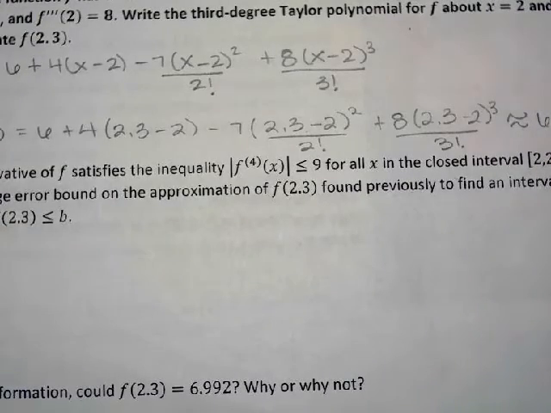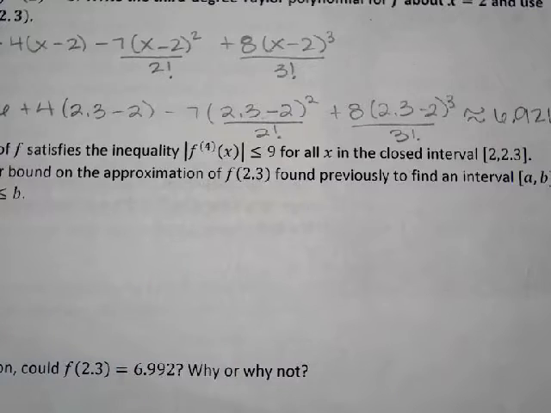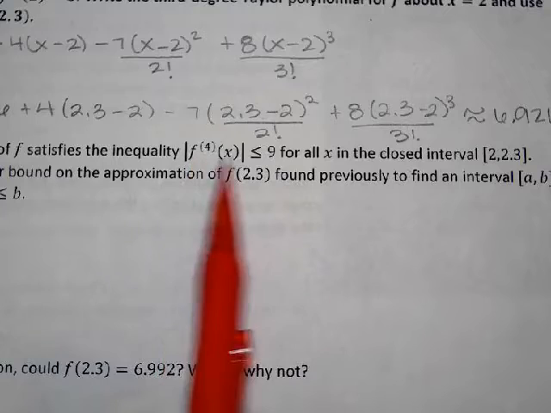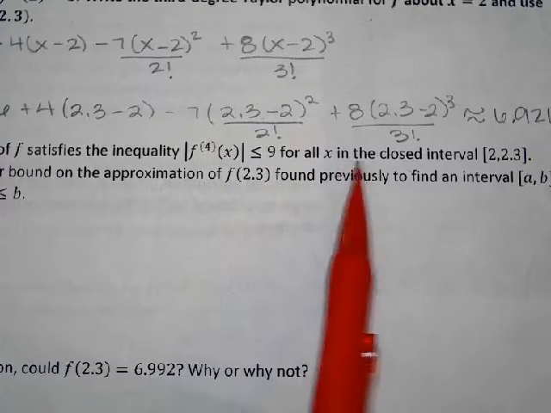Now they said the fourth derivative of f satisfies the inequality that the fourth derivative is less than or equal to 9 for all x in the closed interval 2 to 2.3. So what are they telling you?